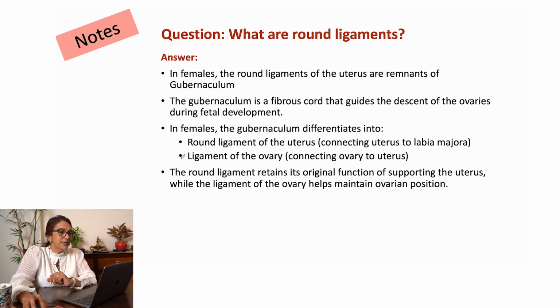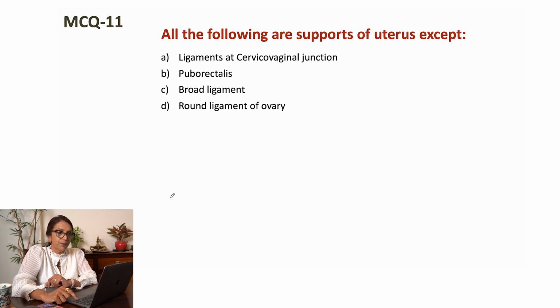The part that attaches to the ovary is called ligament of ovary, and the part that attaches to the uterus is called the round ligament of uterus. It is this round ligament of uterus which is supporting the uterus, and the round ligament of ovary is maintaining the ovarian position. Think about this, read this again, expect a lot of MCQs on this very simple concept.